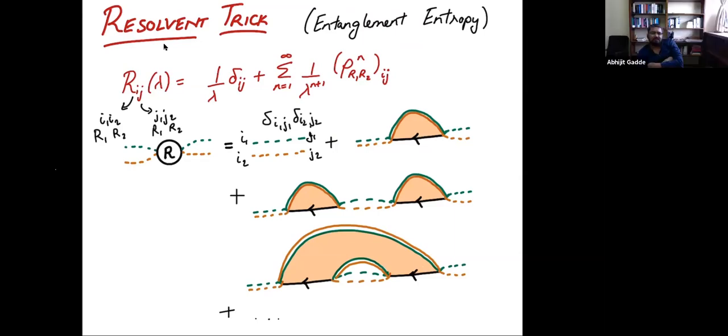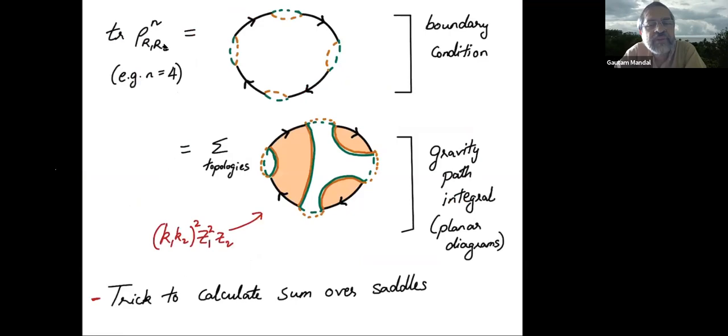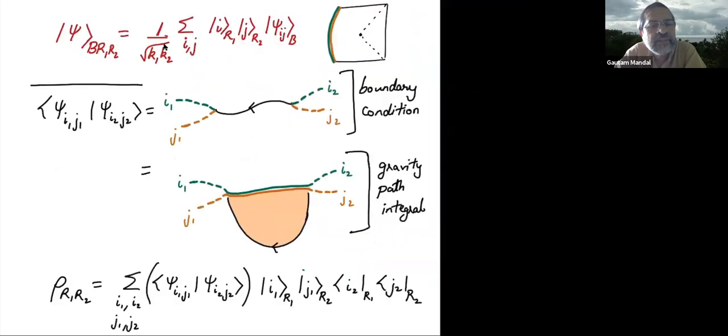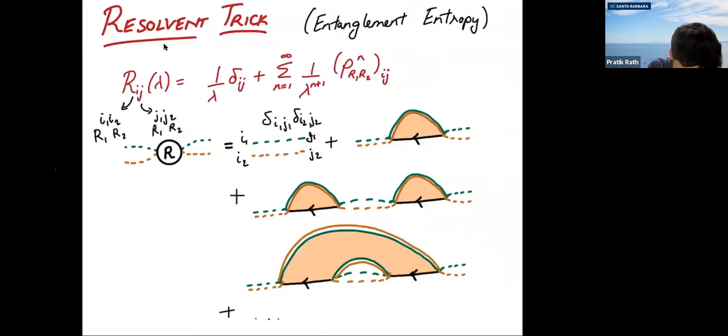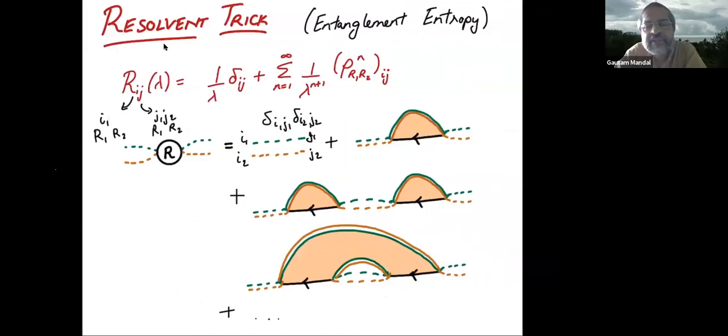Yeah, this is a bit confusing because your green was I and yellow was J before. I think the left labels should be I1, I1. Sorry, yeah, to be consistent, I should have said that. Not only that, the range of I and range of J are different, so there cannot be delta I1 J1.